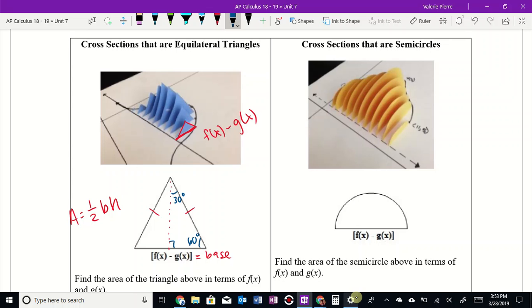Right? So if the base is x, the hypotenuse is 2x, and the long side is square root of 3 times x. So in this case, our x is going to be equal to half of our base.